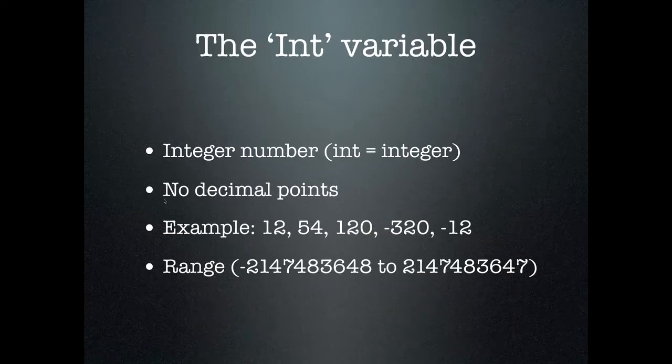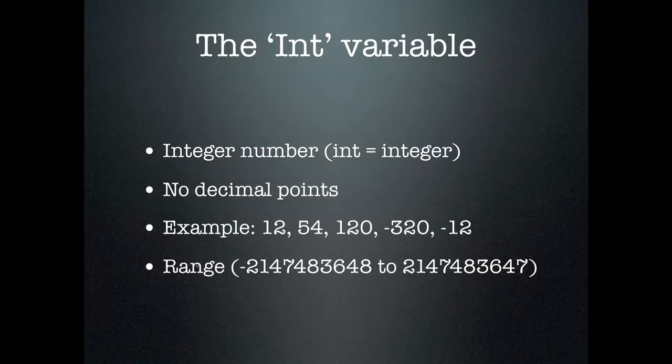So you can't put in the number 5.0 or 5.2 or 5.25 inside the variable. It can only hold values like 12, 54, 120, or minus 320, minus 12. Whole numbers, non-decimal numbers.